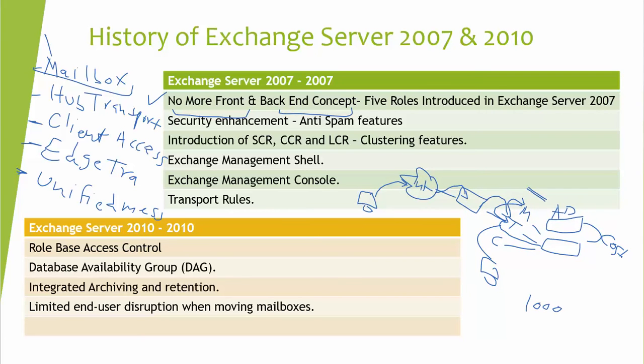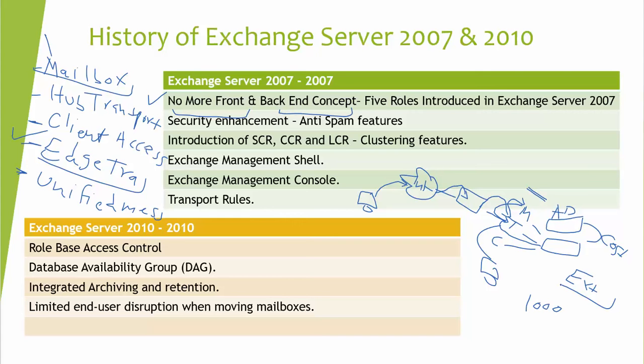But the thing is that the edge transport server role that you see in here, this server role is actually designed by Microsoft to do the transportation of emails for outside, for external emails, like sending emails to outside, receiving emails from outside. This Edge Transport Server role is more secure because there were built-in anti-spam features that you were using to make sure that it is secure.